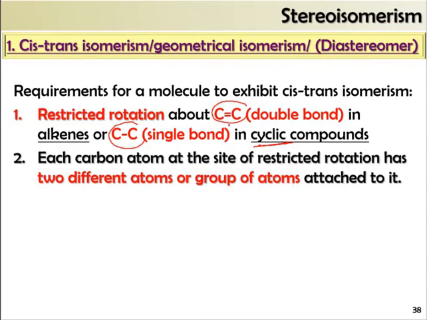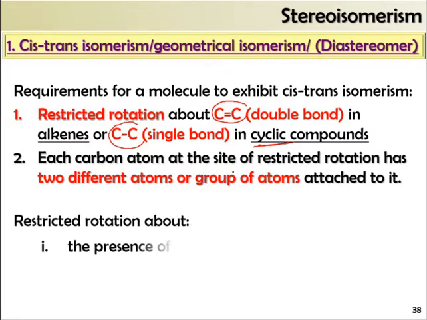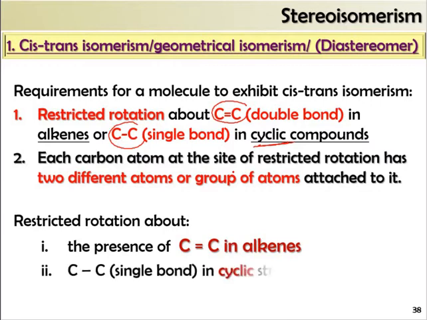That means restricted rotation adalah pada carbon-carbon double bond in alkene and carbon-carbon single bond in cyclic compound. Pada restricted rotation tersebut, they have two different atoms or group of atoms attached to it. Alright. So restricted rotation hanya ada pada dua, carbon-carbon double bond in alkene and carbon-carbon single bond in cyclic compound.